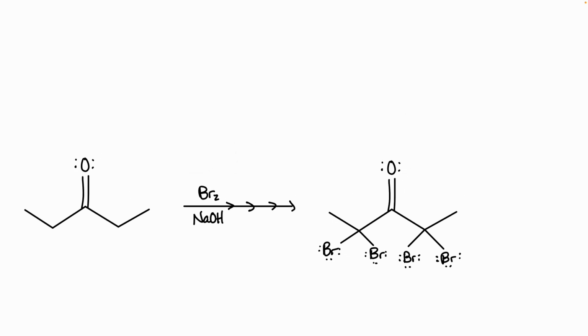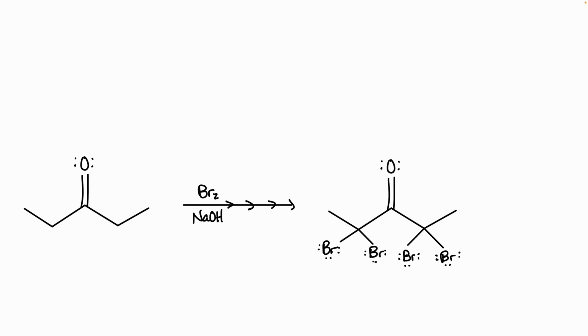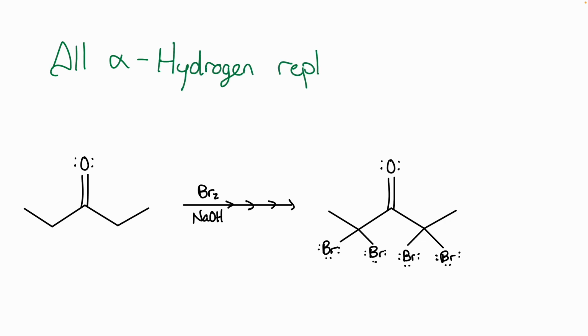So let's just say our alpha carbon halogenation under basic conditions: all alpha hydrogens are replaced by halogens.